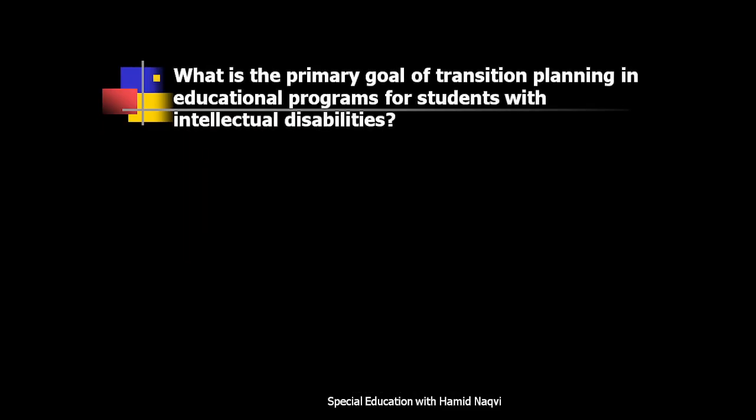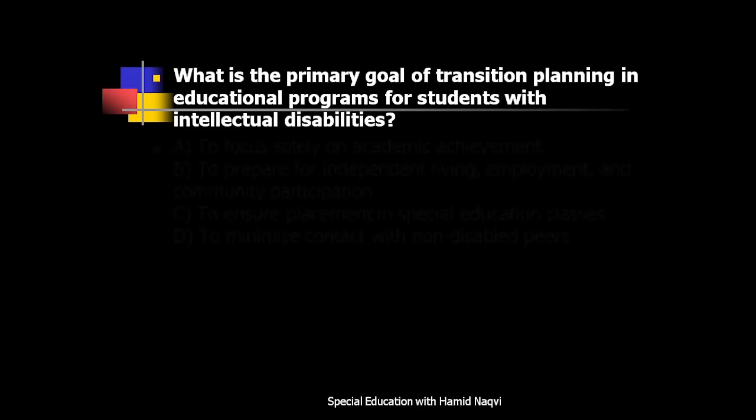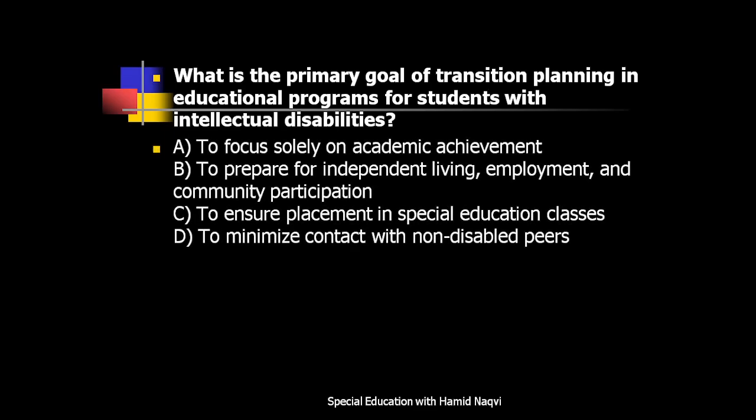What is the primary goal of transition planning in educational programs for students with intellectual disabilities? To focus solely on academic achievements, to prepare for independent living, employment, and community participation, to ensure placement in special education classes, or to minimize contact with non-disabled peers.